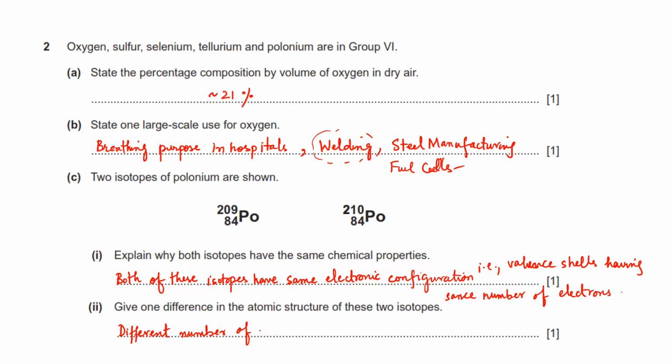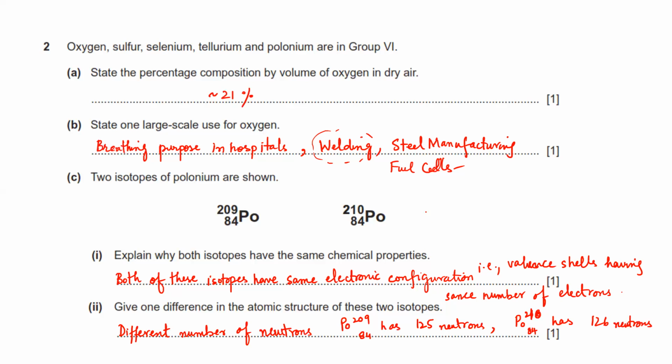So polonium-209 has 125 neutrons, whereas polonium-210 has 126 neutrons.